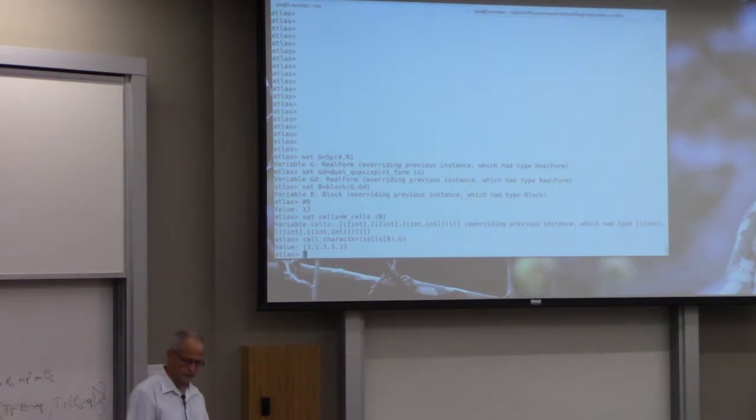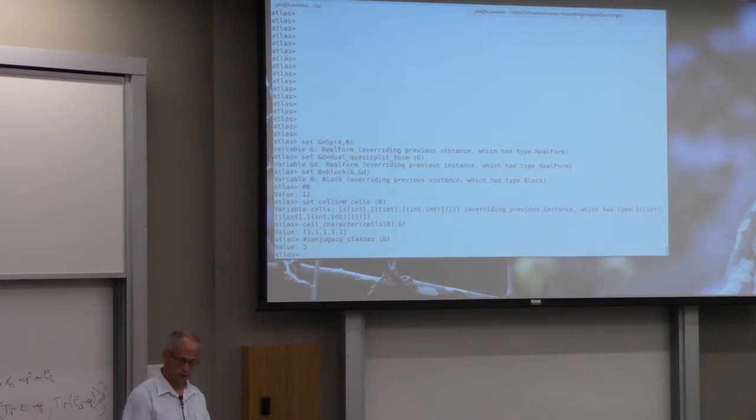Well, so the conjugacy classes. G has 5 conjugacy classes, and they're explicitly given in a list. I can list them for you if you want. But anyway, there's the time. You're not saying the Sp(4,R) is about. Excuse me, the Sp(4,F2) might.